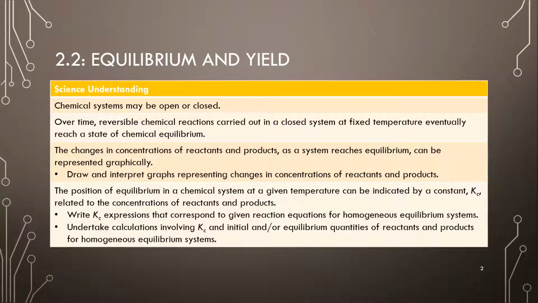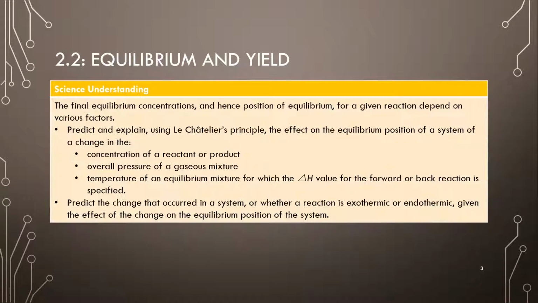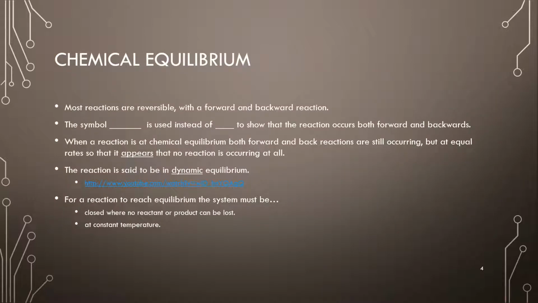Next one, the changes in concentration of reactants and products as a chemical system reaches equilibrium can be represented graphically, and what we need to be able to do is to draw and interpret graphs representing changes in concentration of reactants and products. We'll skip this next slide because that's probably in the third part of the video.